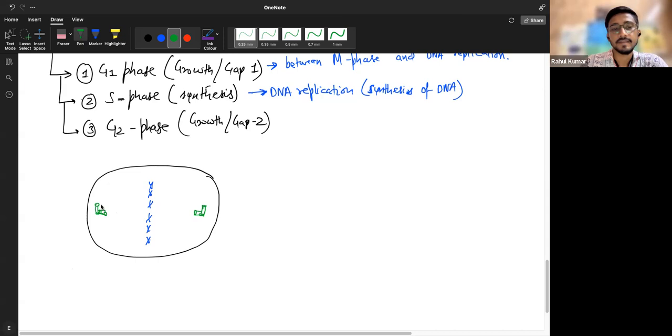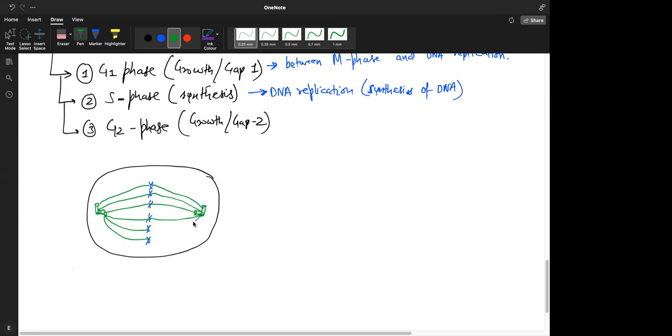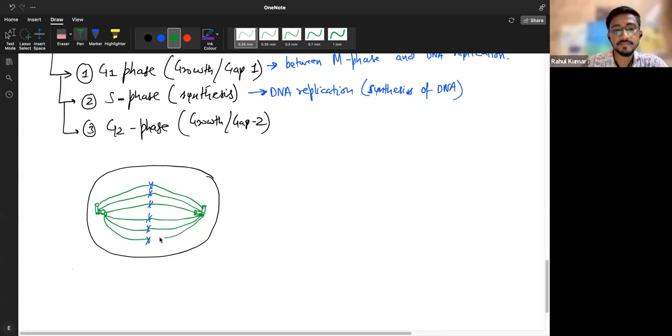Then they start forming the spindles. Each spindle goes and binds with the chromosomes. Do you understand what's happening here, everyone? Imagine it like a movie. This is metaphase, late metaphase.